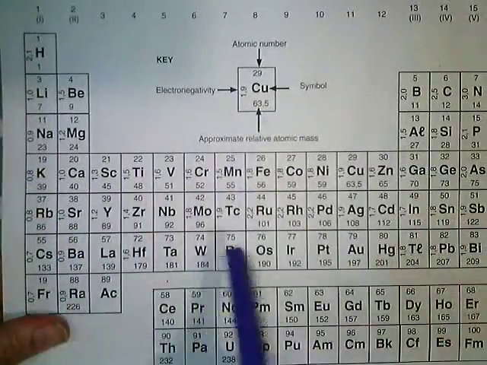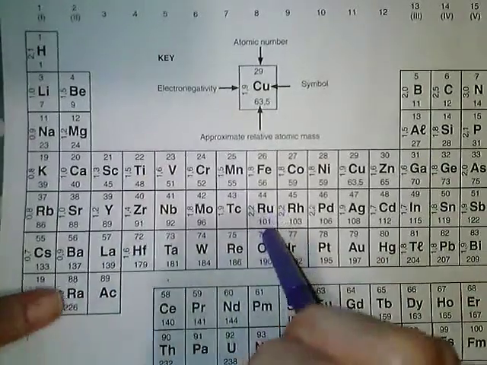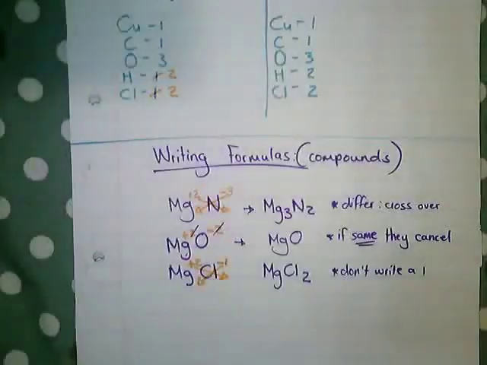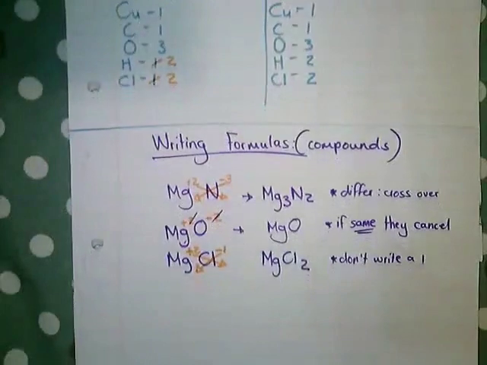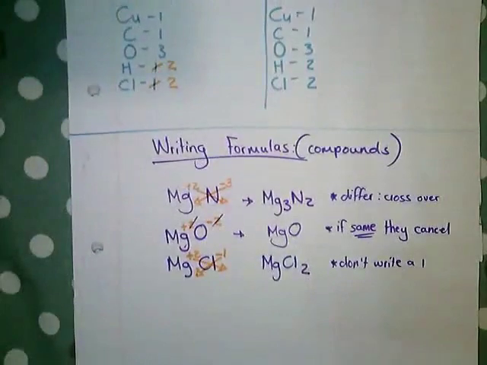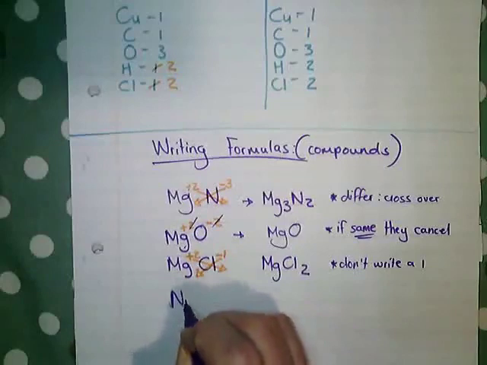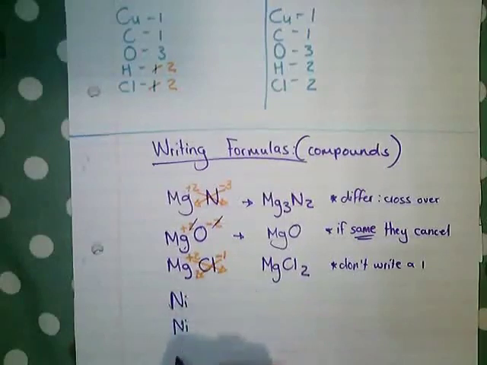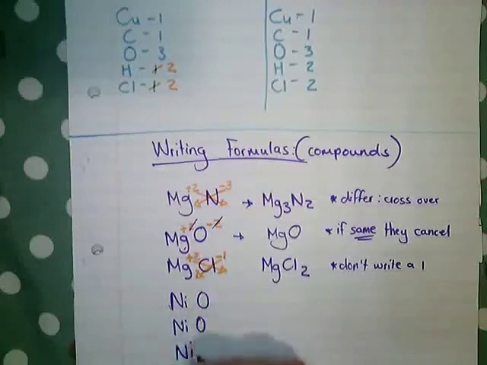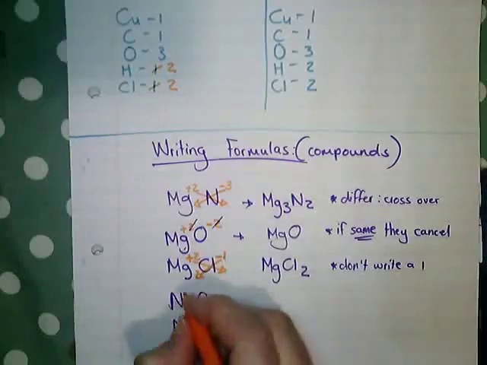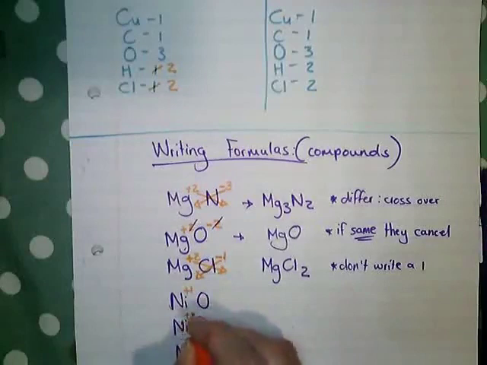So for them, when we write a name, we need to specify which one it is. Let's take, for example, nickel. If nickel bonds to, for example, oxygen, nickel can be charged either +1, +2, or +3. Oxygen is always -2 because it's in group 6.